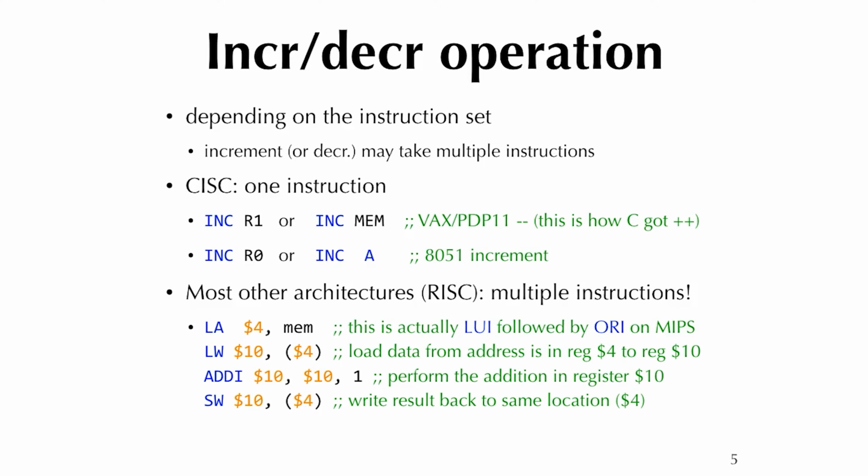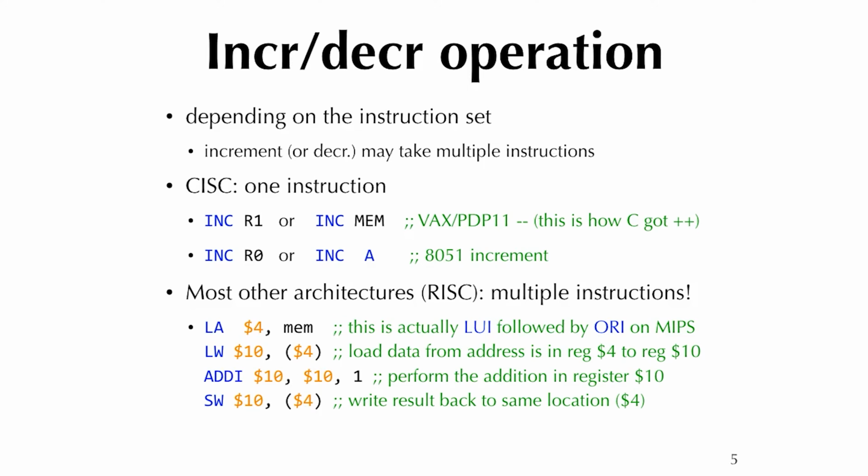Once you have the address in register 4, in MIPS notation it's all $ sign as opposed to R, then you do the dereference of register 4, which has the address, and load it into register 10. So that's essentially R4 or $4, that's the pointer. You load from that address into register 10. So that's just to bring in the count.